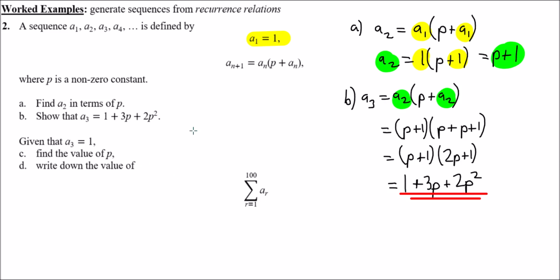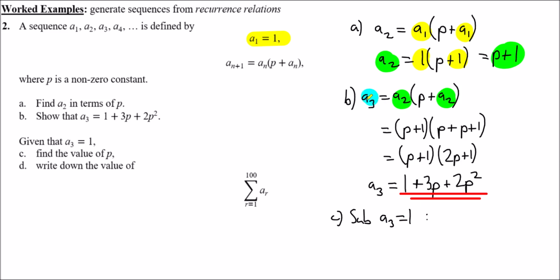Part C, it says, given that a3 is 1, find the value of p. For C, we know that a3 is this, so we'll need to now formally sub in that a3 equals 1.